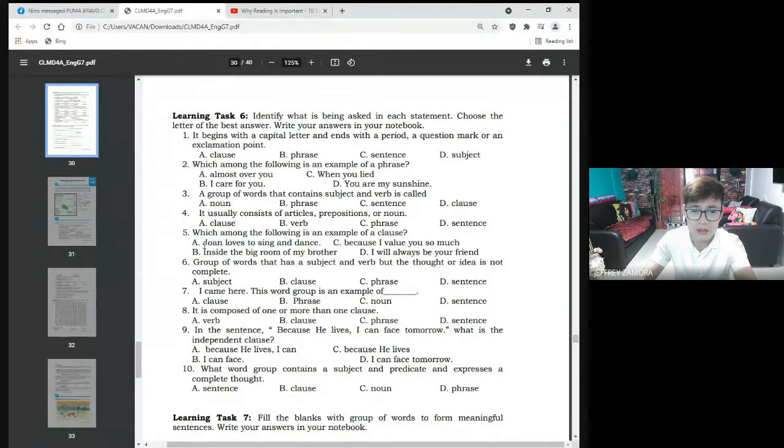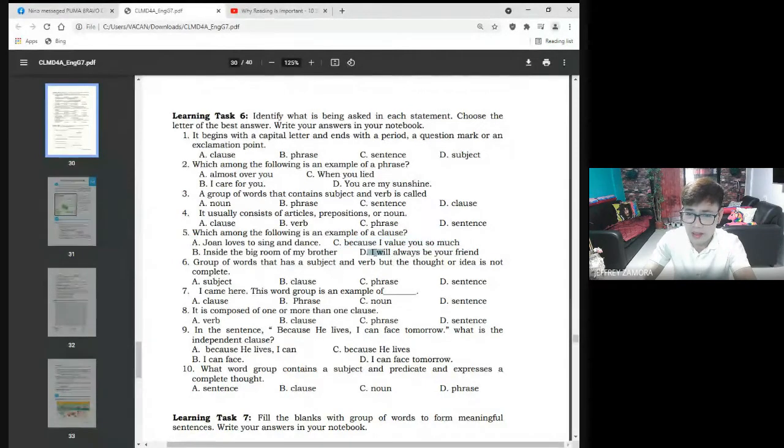Correct. John is a subject. Loves to sing and dance is a predicate. Loves is a verb. Okay, correct. Letter A. If you are going to look at this other one, it is also a clause. What kind of clause? This is a dependent clause. I is a subject, value is a verb, value you so much is a predicate. Because it has a subordinating conjunction, it is a dependent clause.